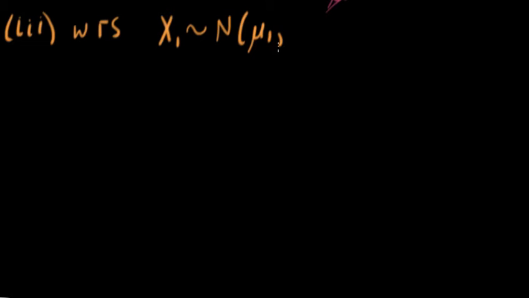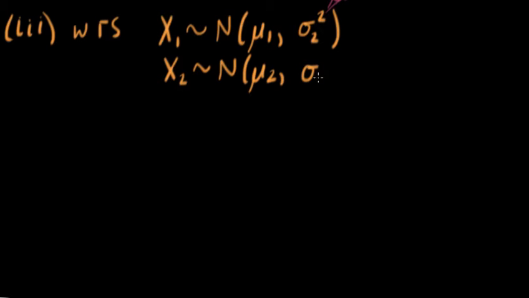We are asked to show that for two normally distributed random variables, x1 and x2, where x1 has a mean of mu1 and a variance of sigma 1 squared, and x2 is also normally distributed with a mean of mu2 and a variance of sigma 2 squared.